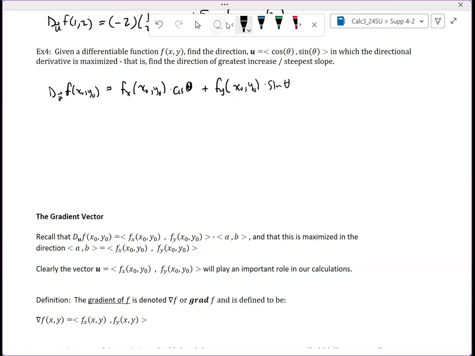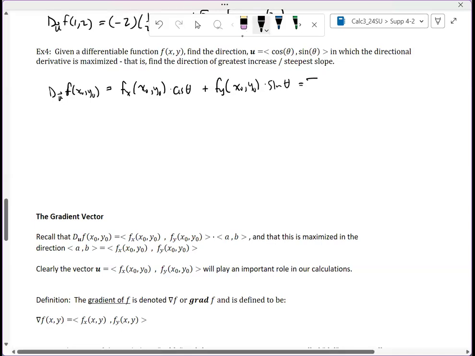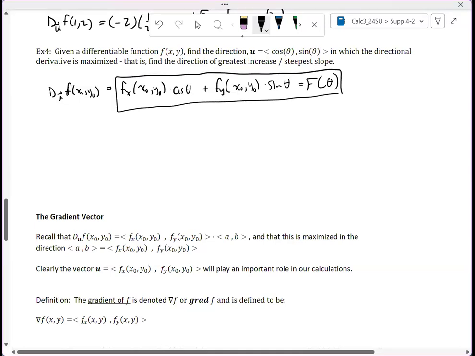And let me clean this up just a tad. We see that this is just some big function of theta. The partials with respect to x and y at the point x naught y naught, at the point under consideration, are just constants. What's changing here is our direction.